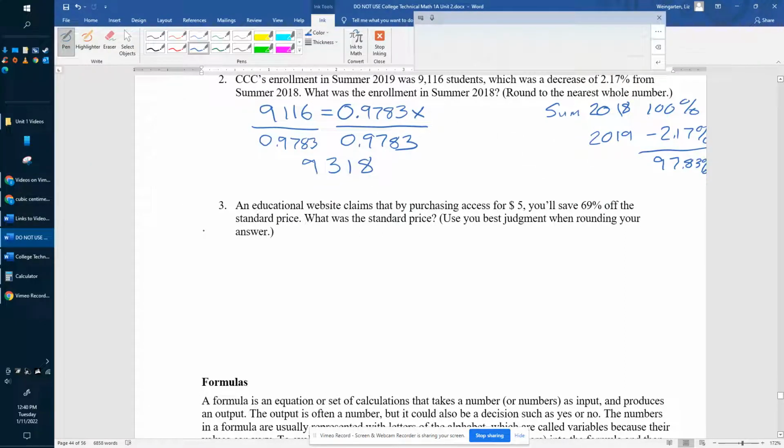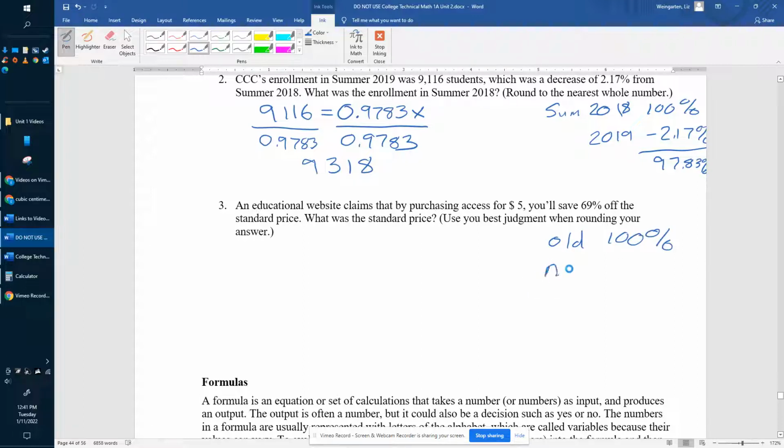Last problem, and I'll give you a break. An educational website claims that by purchasing access for $5, you'll save 69% off the standard value. What is the standard price? So the standard price was 100%. New price, we're saving 69% off, so it's going to be subtracting 69%.